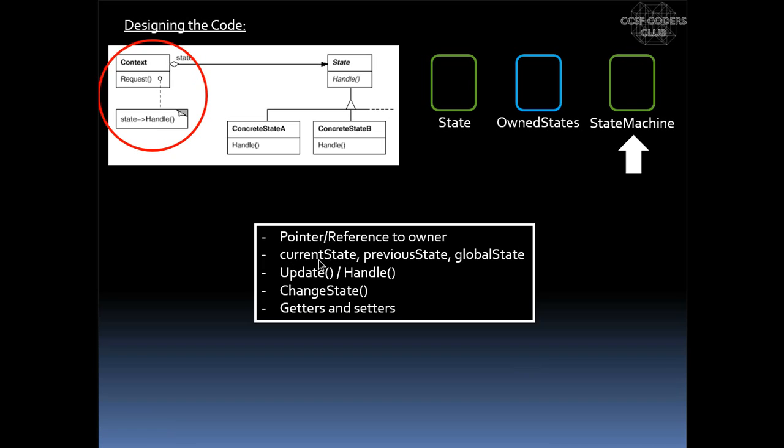That way, next time update happens, when it updates the current state, it'll run the execute function from state 2. And then also you need to have getters and setters, get current state, set current state, and so on and so forth.